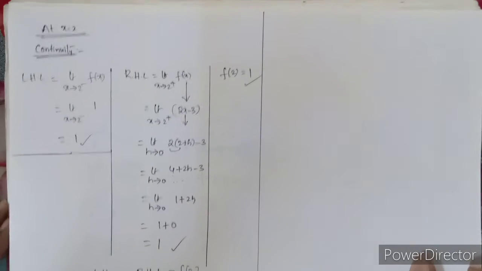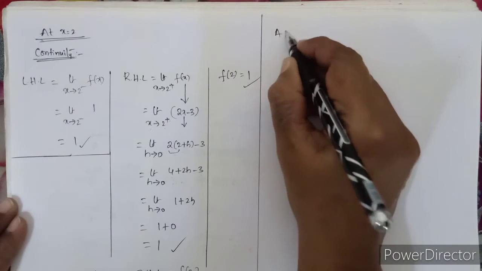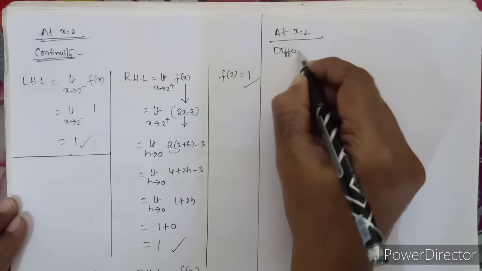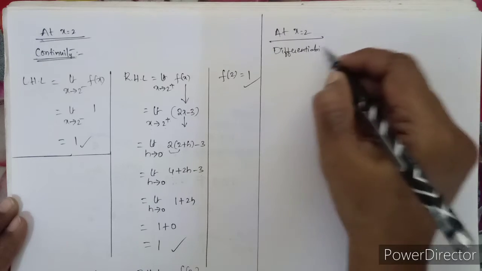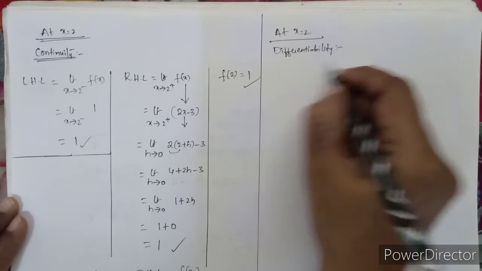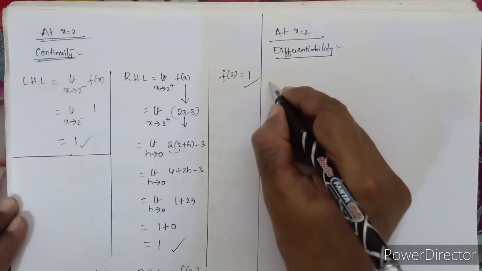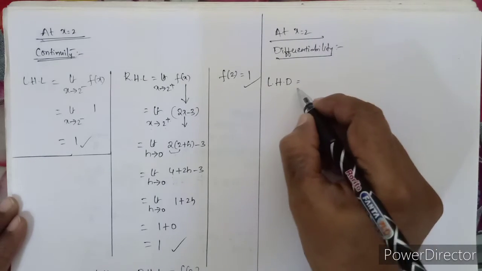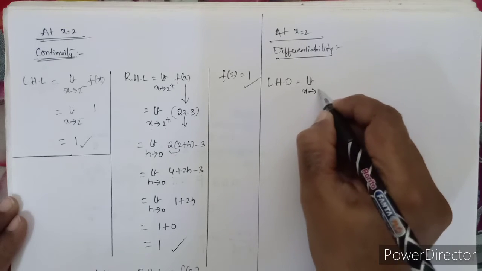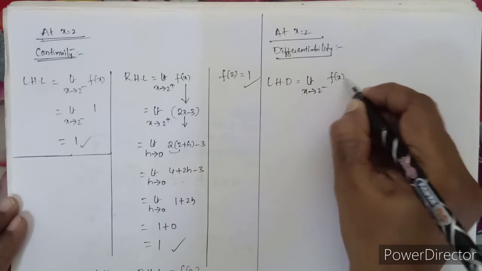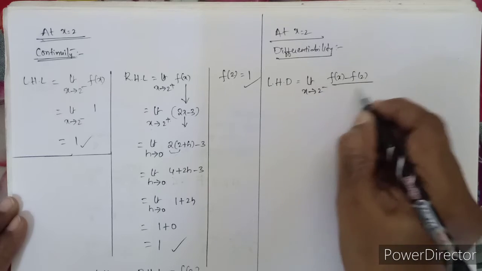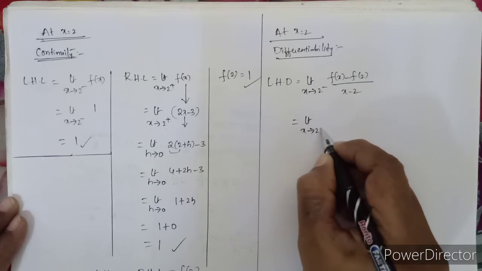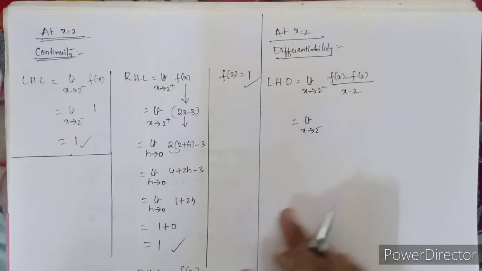Now, differentiability at x is equal to 2. At x is equal to 2, we check whether it is differentiable or not. First we see the left-handed derivative of f at x is equal to 2. Limit x tends to 2 minus, f of x minus f of 2 by x minus 2. We are in the negative neighborhood of 2.